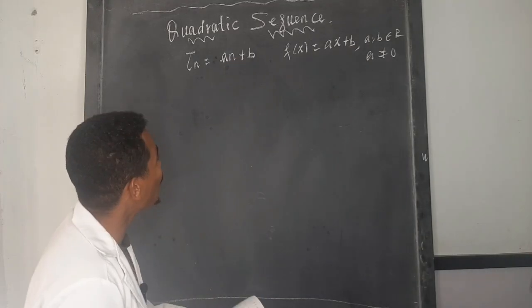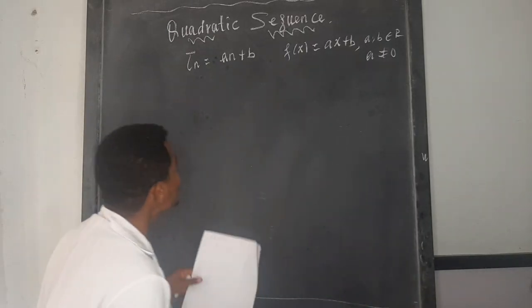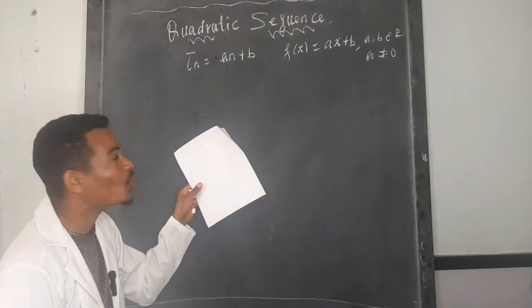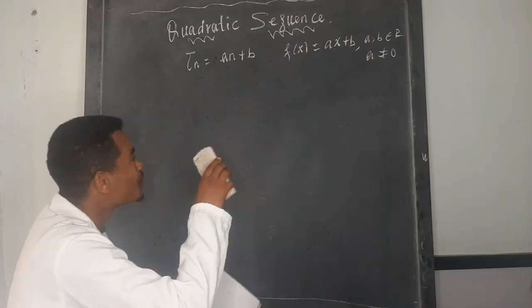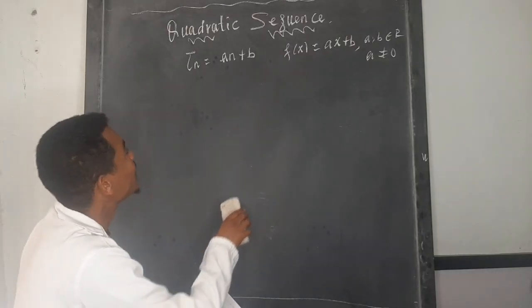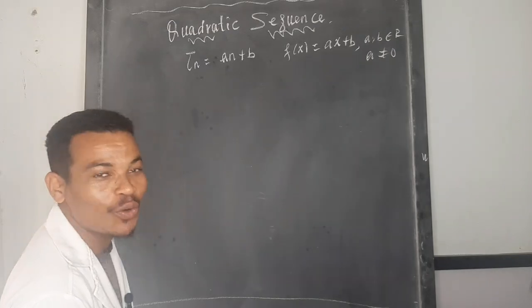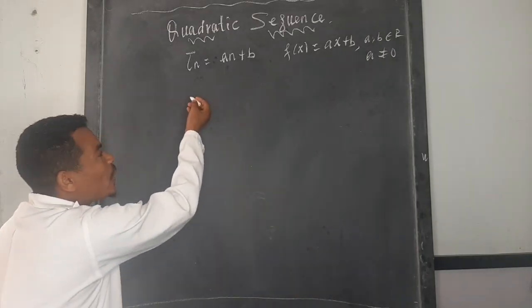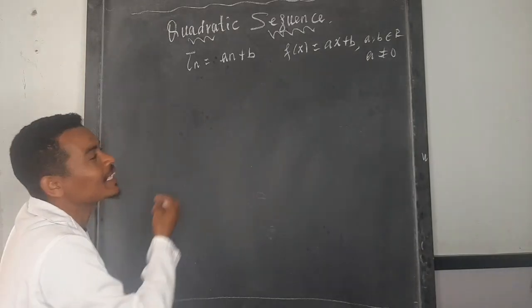And in a quadratic sequence, the second difference is constant. That means in a linear sequence, the first difference is constant, and in a quadratic sequence, the second difference is constant. Quadratic sequence and quadratic function have the same general forms.